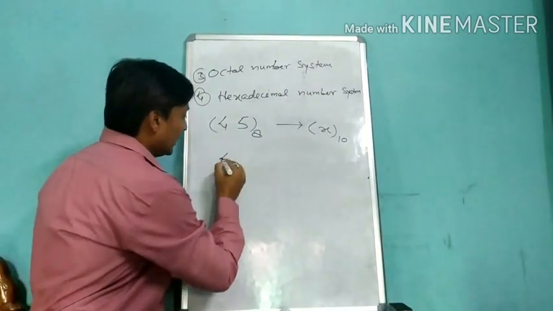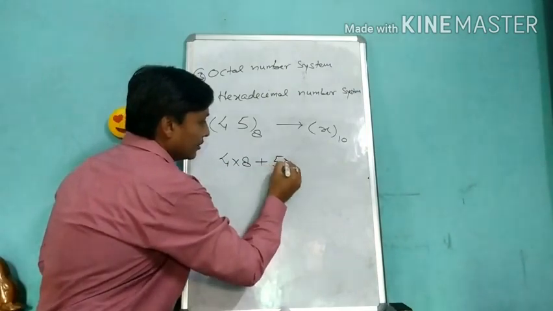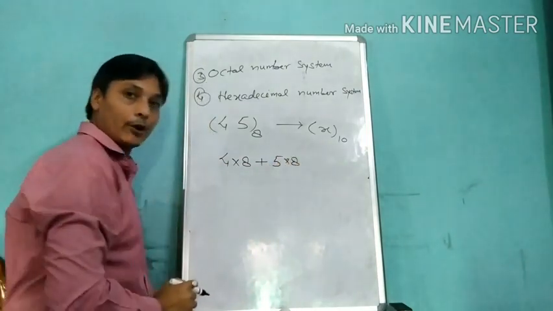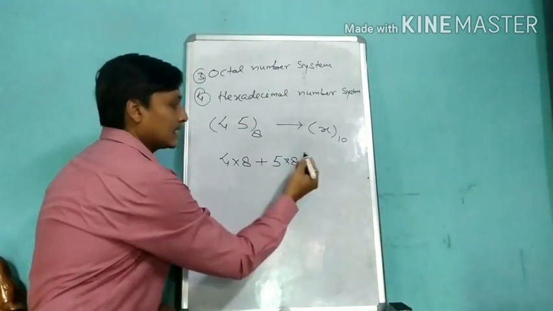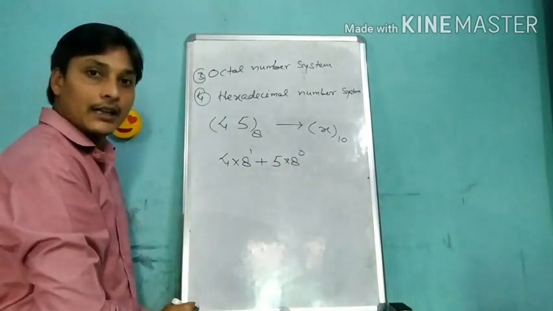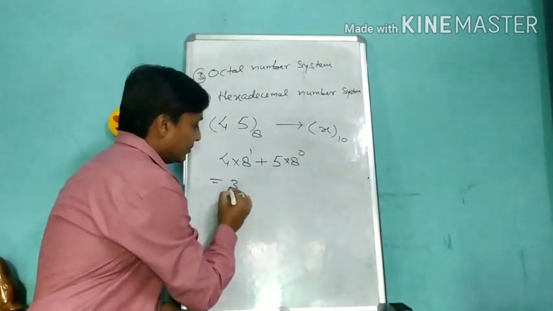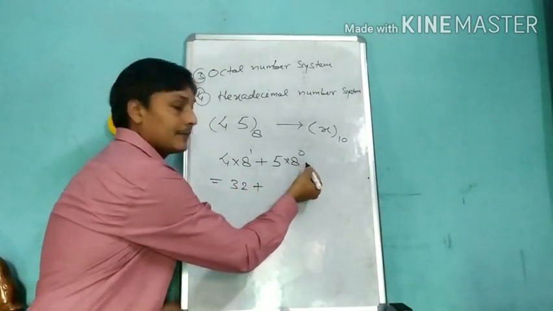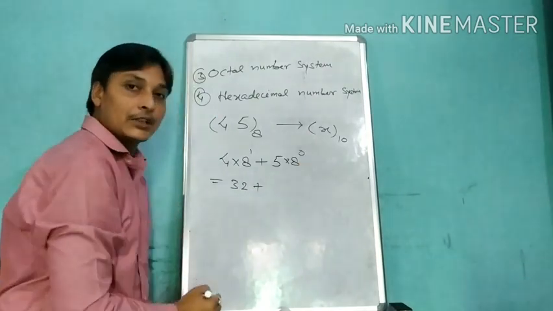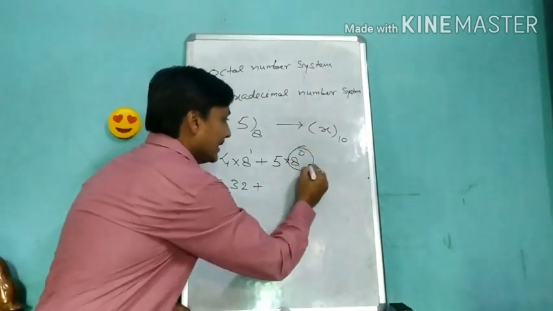Again we will go with 4 into 8 plus 5 into 8. Any problem? No. Now place the power 1 and 0. We'll calculate the value. 8 to the power 1 is 8, 4 times 8 is 32, plus, if the power is 0 over there, then we will get 1. Fine. The value will come 1.